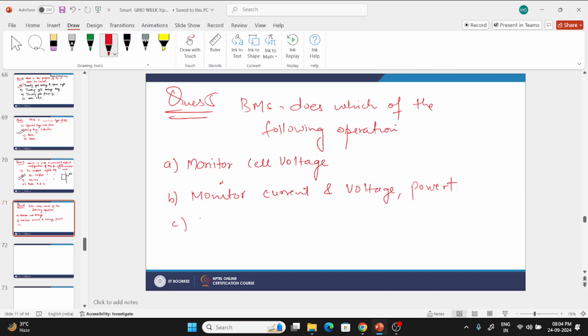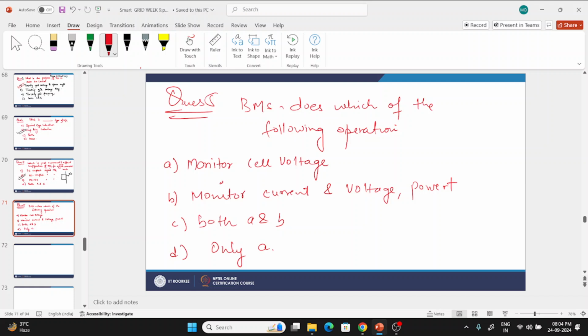Then both A and B, B only. So just a second. Not B. Only A. So give me the correct answer.